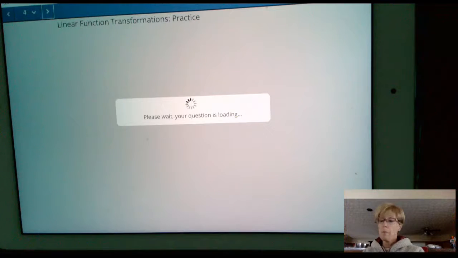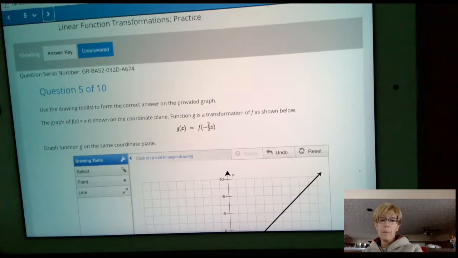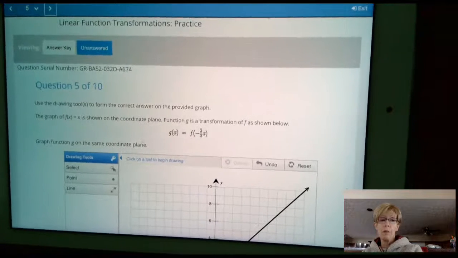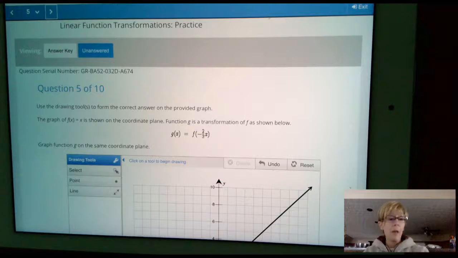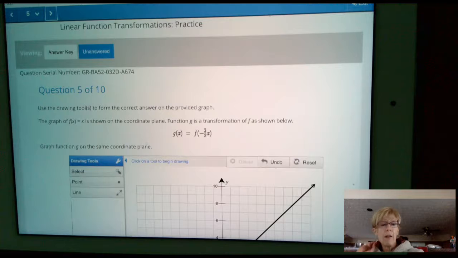The negative is a reflection over the y-axis because it's inside the function, and changes the graph horizontally. It is a horizontal stretch because 2/3 is less than 1. But ultimately what has to happen on this graph once again is when we draw it in, we're going to use that negative 2/3 x as the slope.